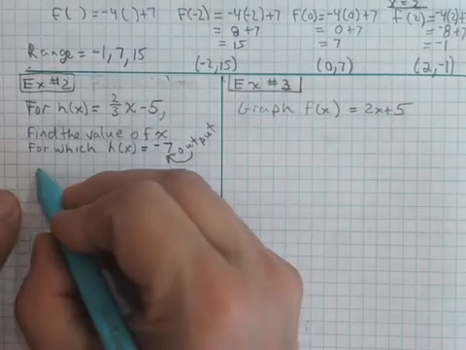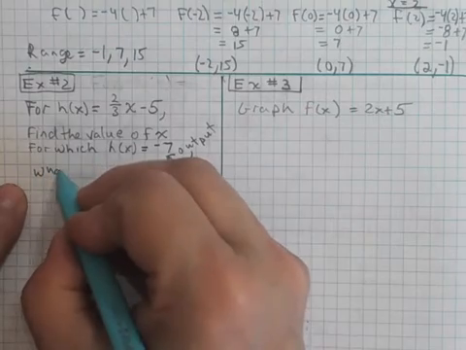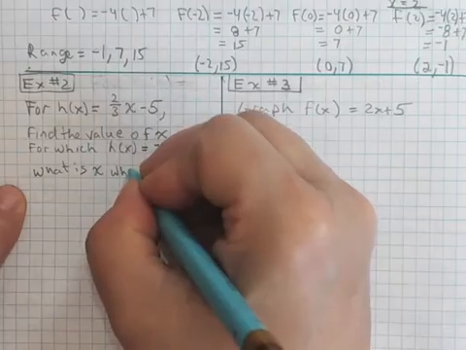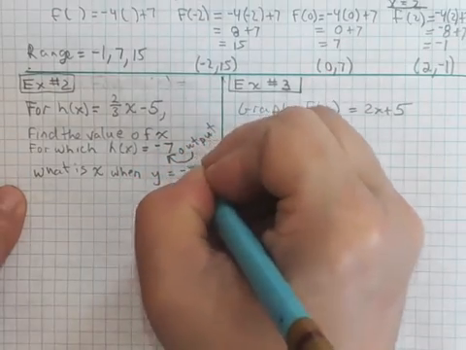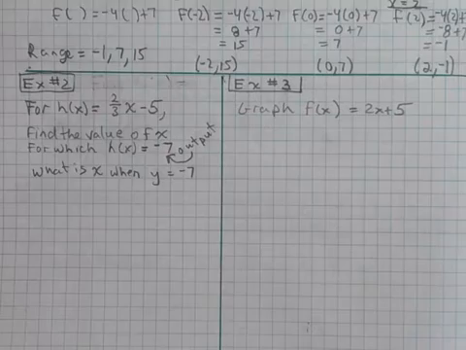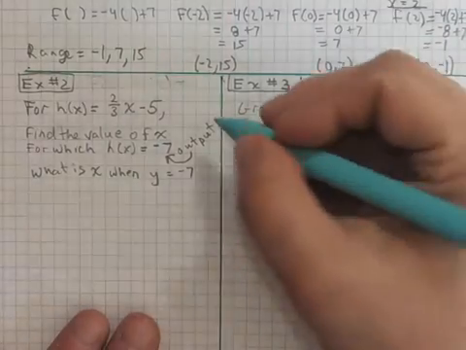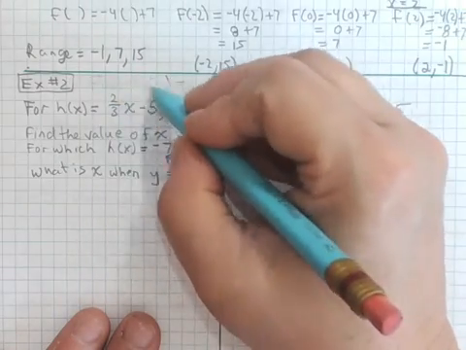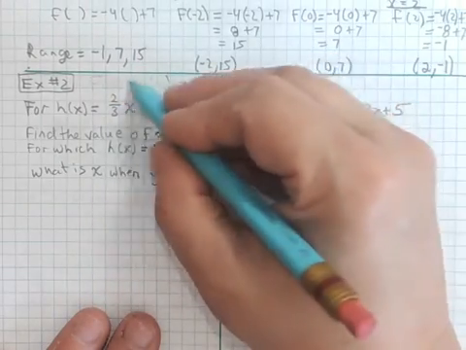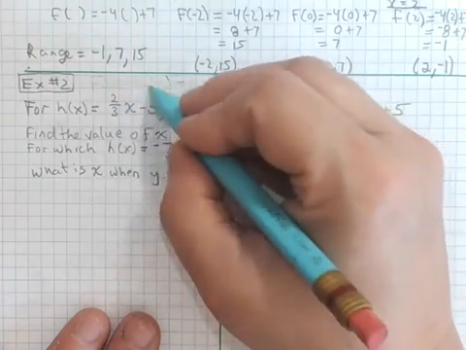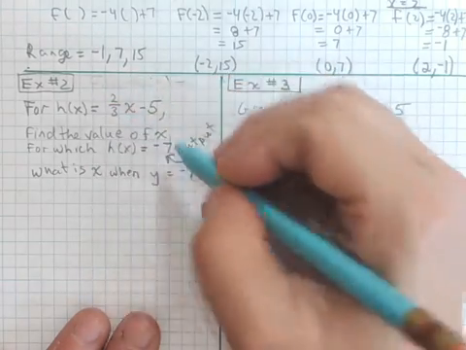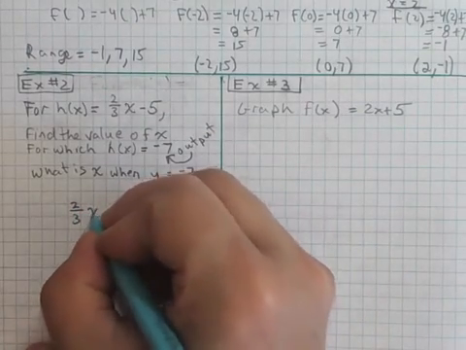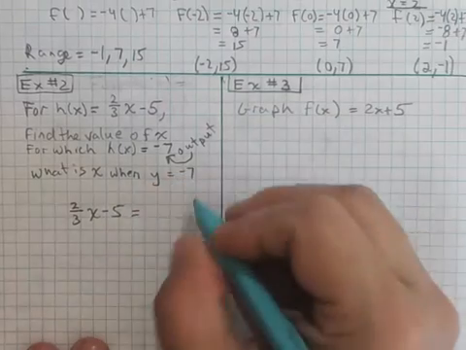So what we're saying is, what is x when y equals -7? Remember that after you perform the operation of plugging in x, you get a y value. So this represents the entire thing, our output. I want my output of 2/3 x minus 5 to be equal to -7.